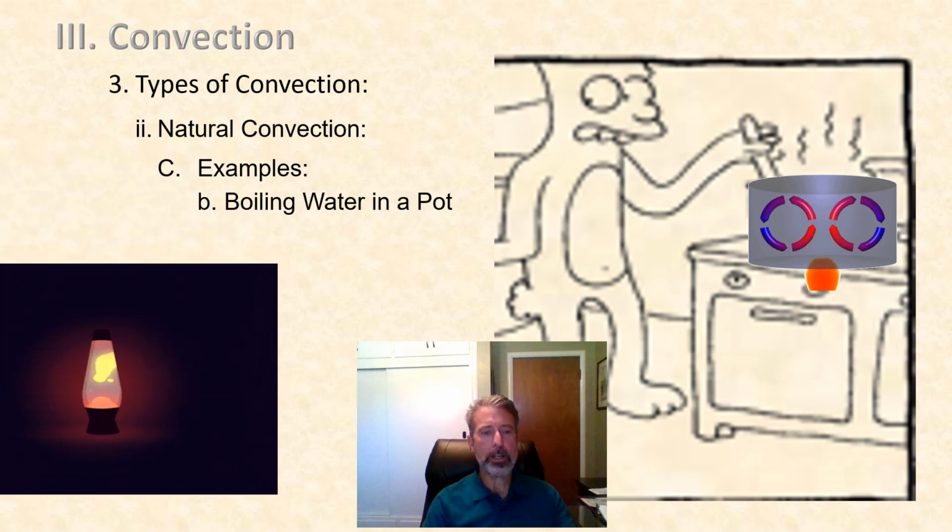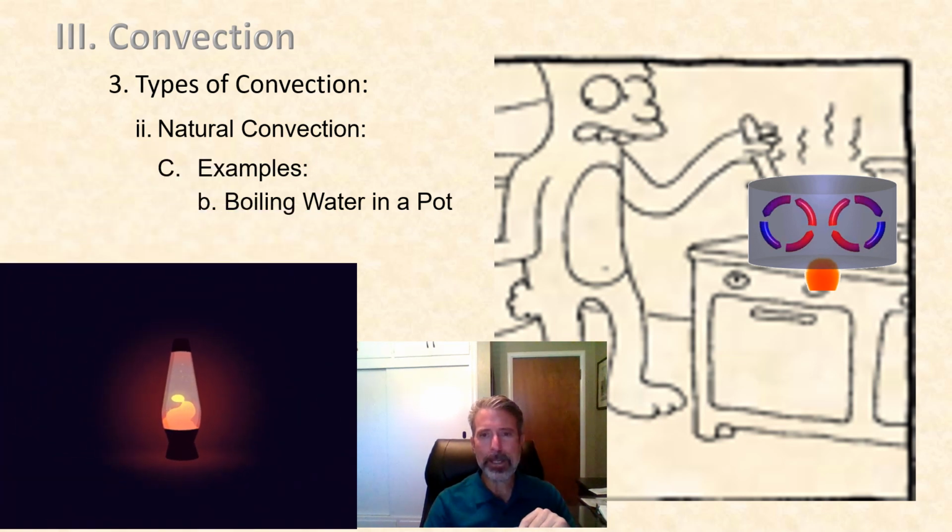Another nice illustration of this is the lava lamp. Many of you may have seen these or even had one before, but here you can see that there is a light bulb on the bottom of the lamp, and when you turn on that light bulb, it heats the water on the bottom portion of the lamp, mostly by conduction and, as we'll see, radiation.